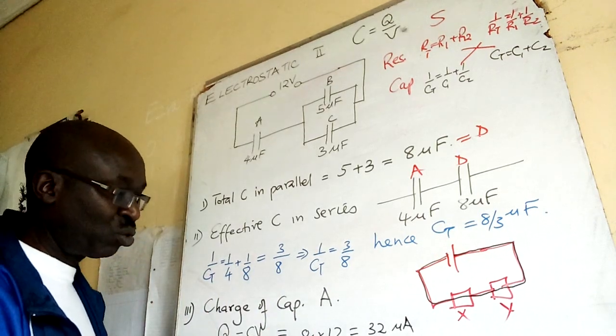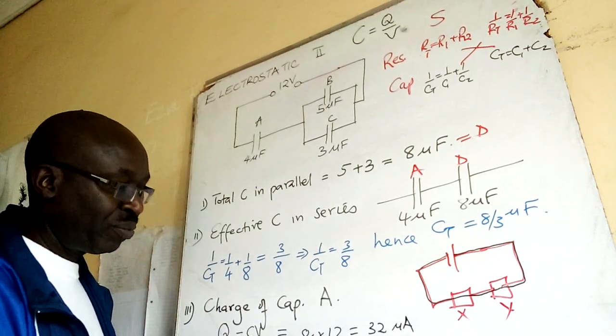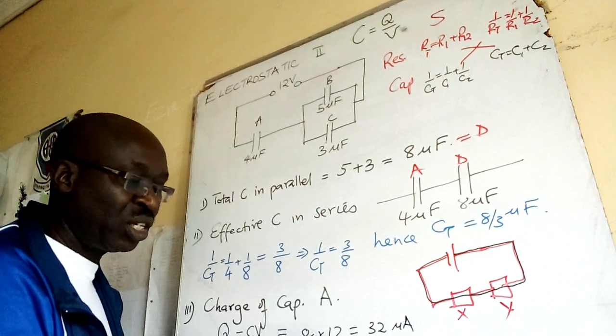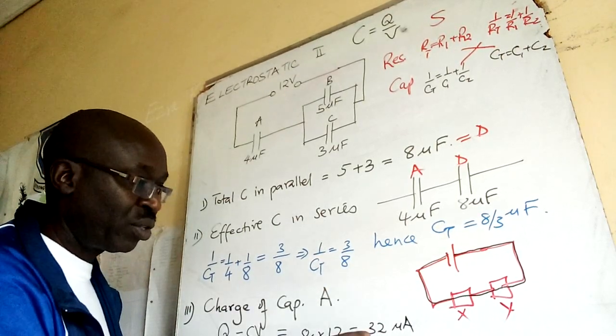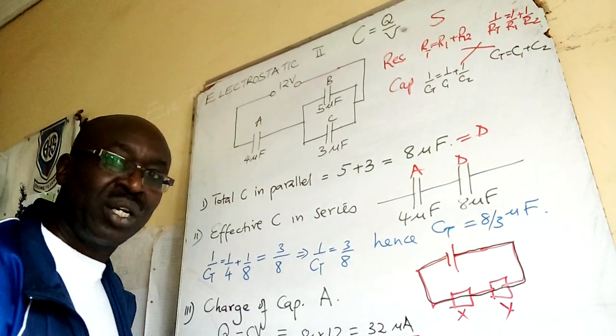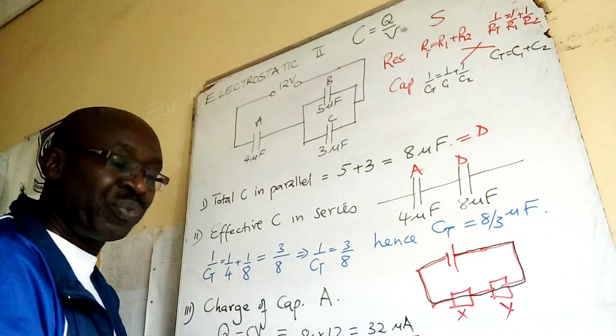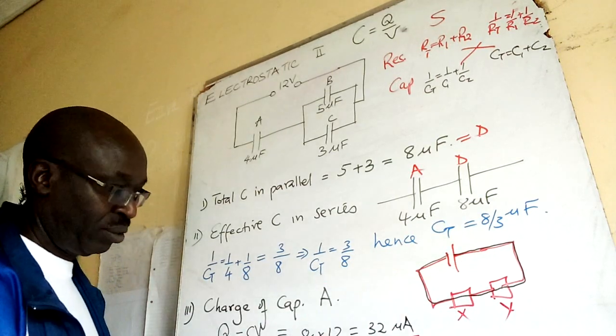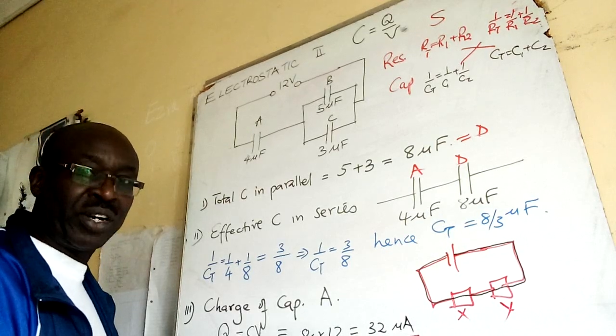So Q is equal to CV. Our total capacitance is 8/3. The source voltage is 12. You get 32 microcoulombs because our capacitance was in microfarad. You can simplify to that.